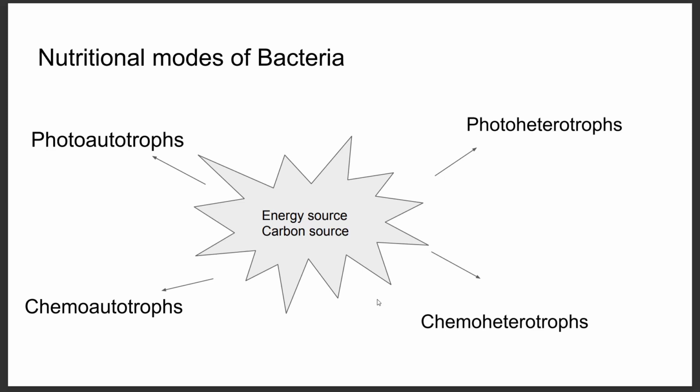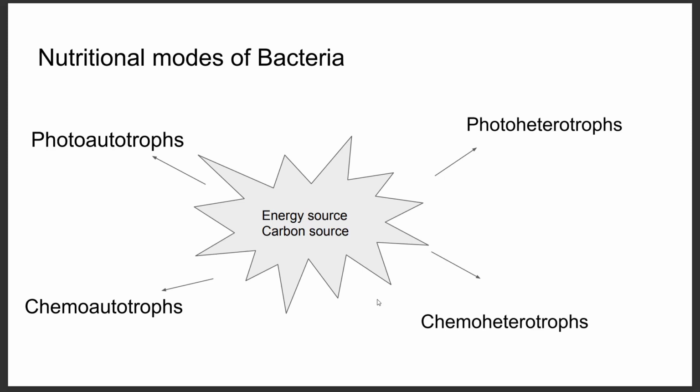Here, photo means light, photosynthesis. Chemo means chemicals. Photo means they use light as the energy source. Chemo means they use chemicals. It can be inorganic chemicals or organic chemicals.